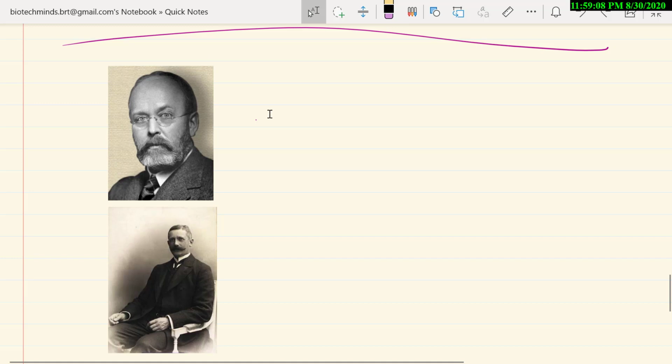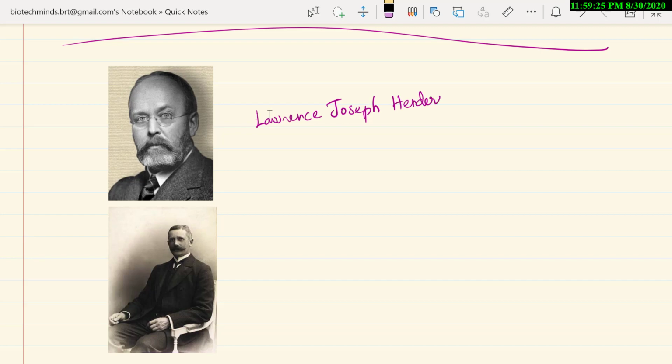This scientist is Henderson, his full name is Lawrence Joseph Henderson, and this fellow is called Albert Hasselbalch. They were the pioneers who were involved in this equation.